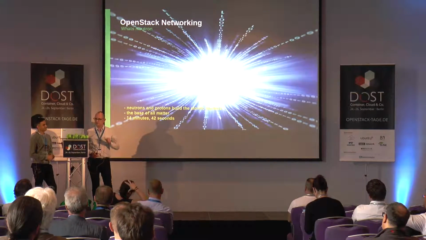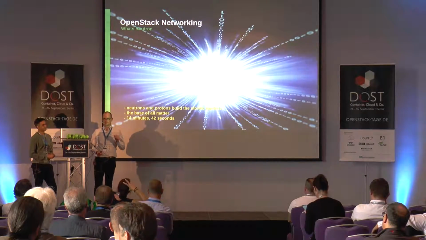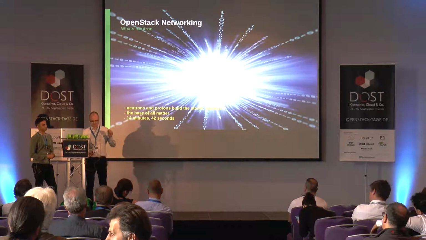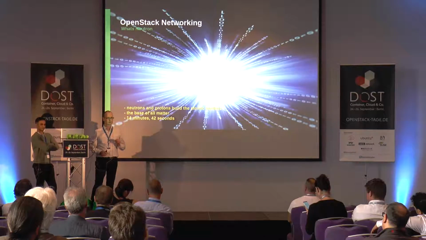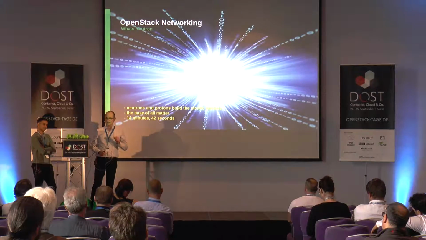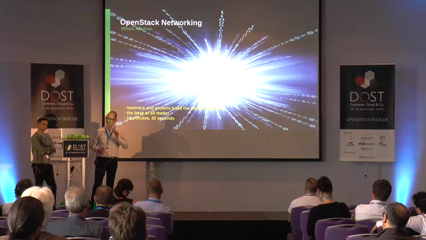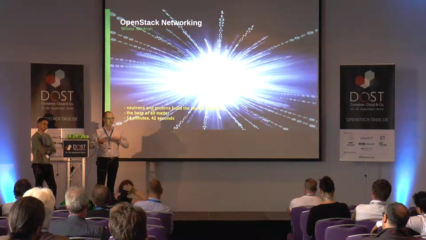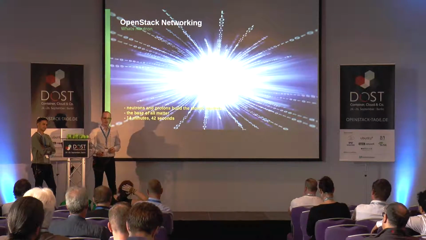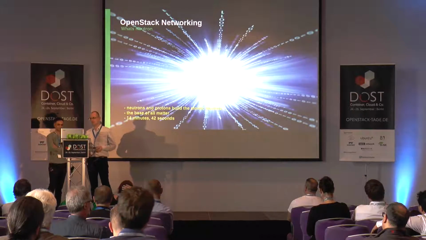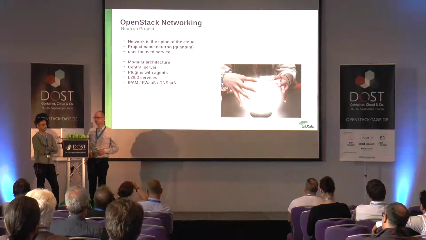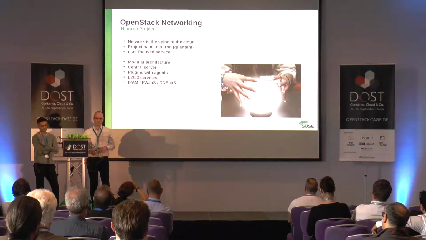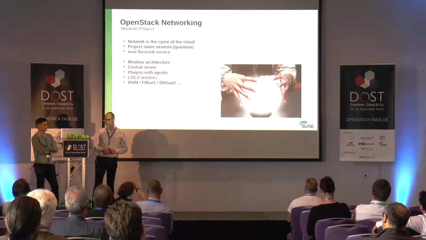A side note: the average lifetime of a free neutron is about 15 minutes. I have no idea if this has something to do with some magic network packet loss in Neutron, but overall it was the name for the network project inside of OpenStack. They started with the name Quantum, but they changed it to Neutron.